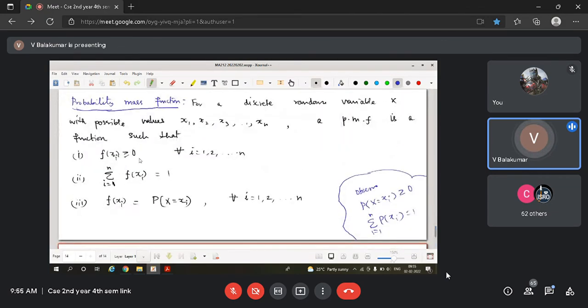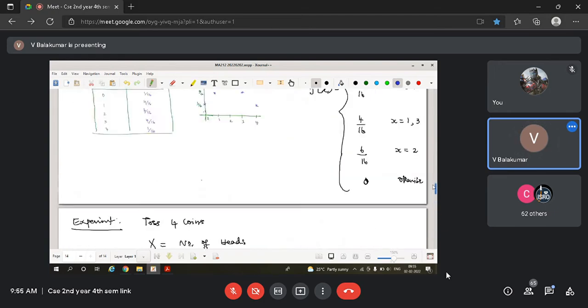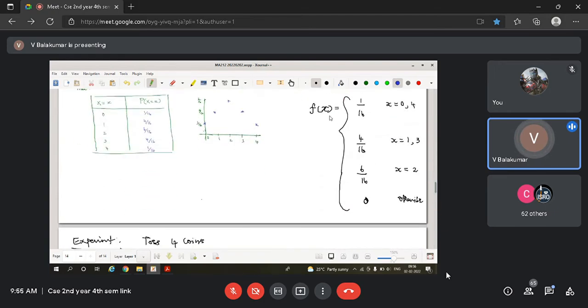But how do we find this? That we will do. Before that, we see that if somebody is giving me this f of x, that is enough. I can talk about the table or the picture representation.